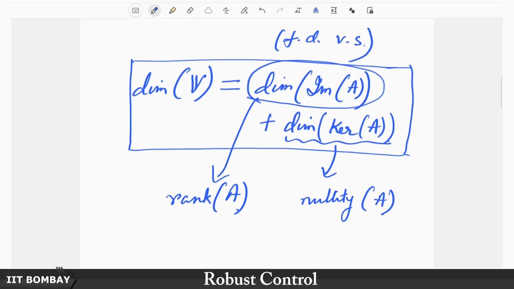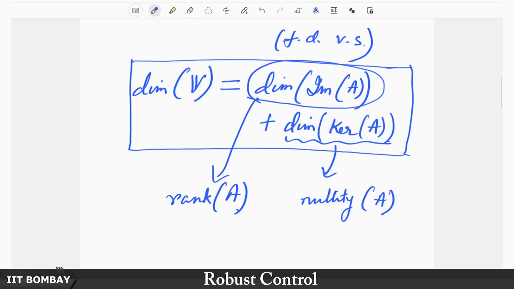On the other hand, think of it in this way: if it is a surjection, an onto mapping, then the image of A is exactly equal to W. So, no longer is it a proper subspace of W, but it is equal to W. So, the dimension of V in that case is equal to the dimension of W plus potentially some non-negative value, because dimensions are non-negative values, right.